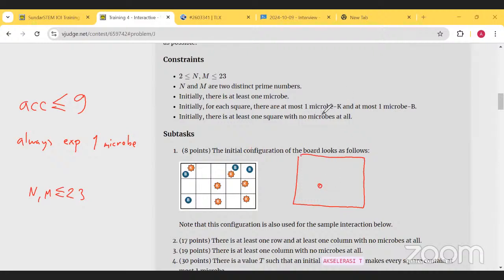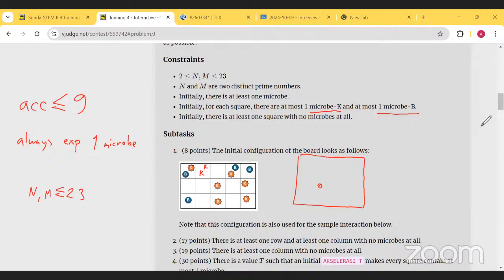And we know that there is at most one microbe K and at most one microbe T. Why? Because if there is more than one microbe with the same type, then all of them will always move together, right?